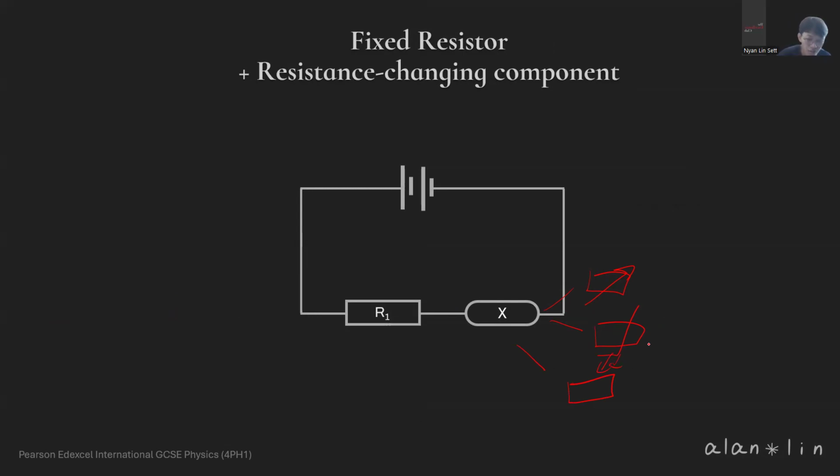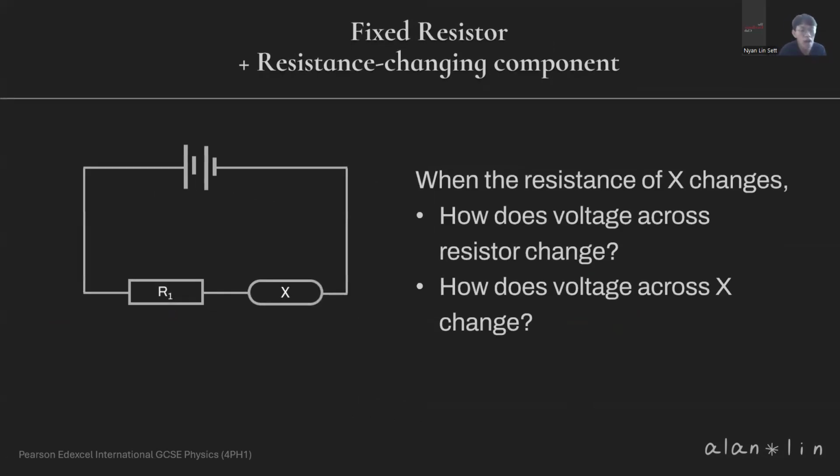So what kind of questions can they ask in terms of this circuit structure? Well, they could ask, when the resistance of component X changes, how does the voltage across the resistor change? And they could also ask, going a step further, how does the voltage across component X change? So for this type of question, we're going to have to take an extra step.